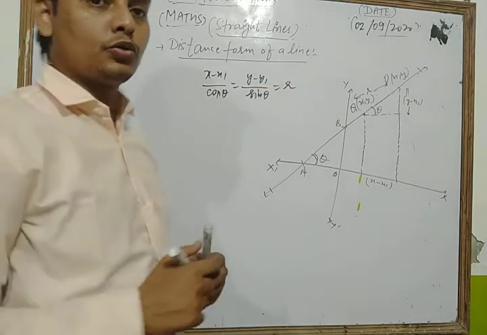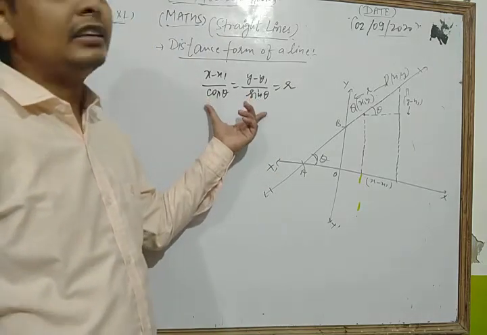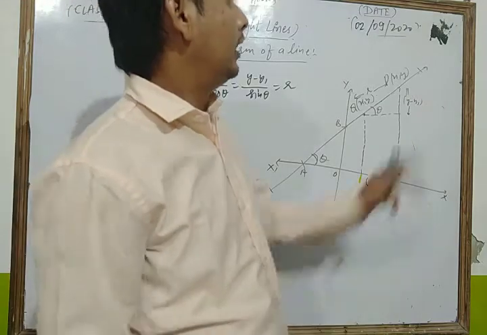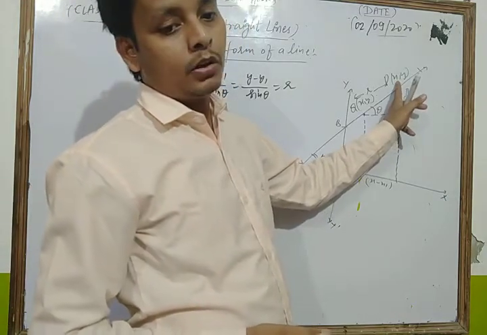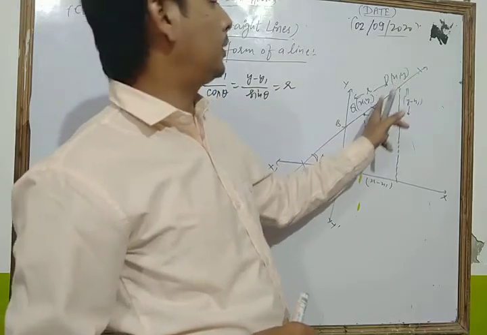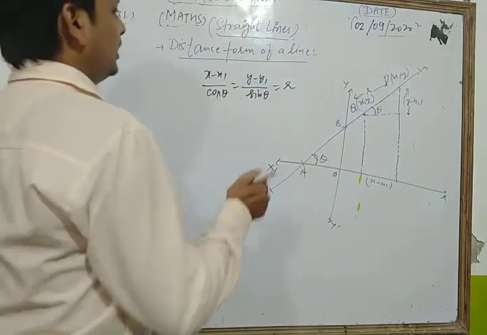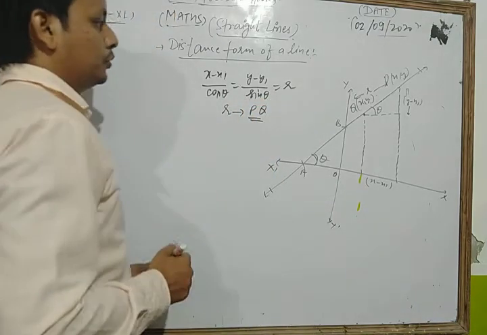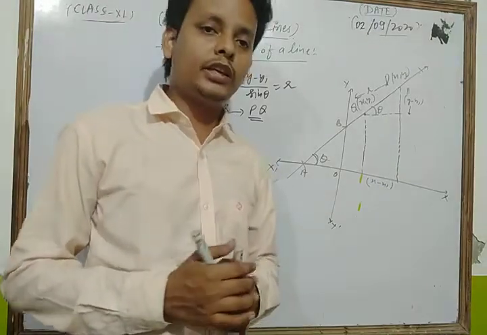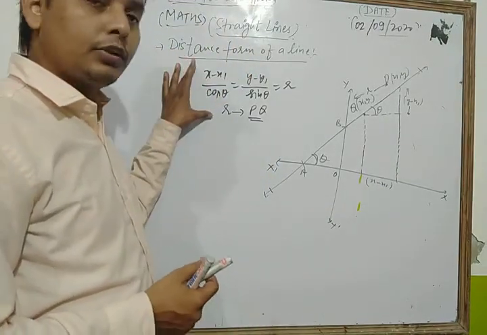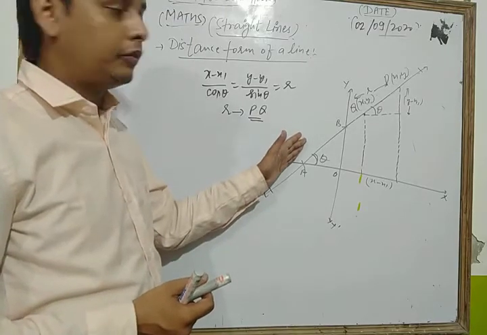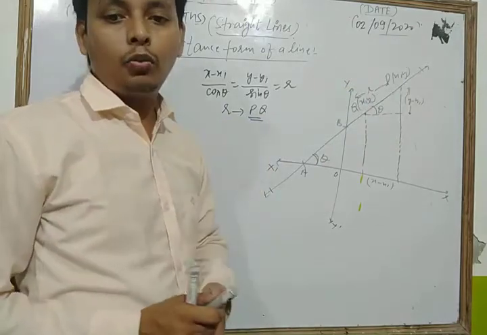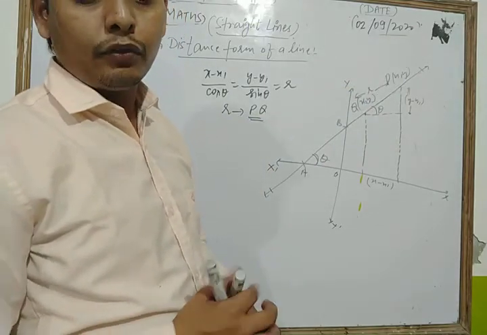In the previous class we derived that equation, and here r is the distance of the point (x, y) on the line from the point (x1, y1), that is, the distance between P and Q. This is the required equation of the line.